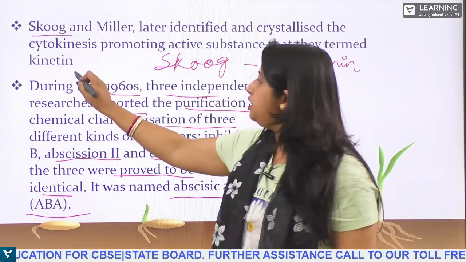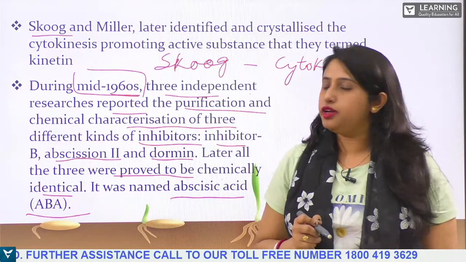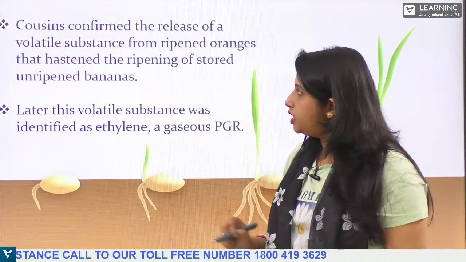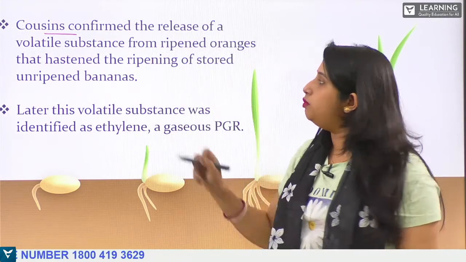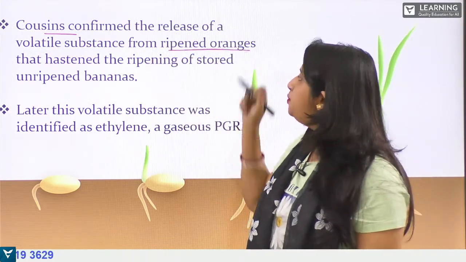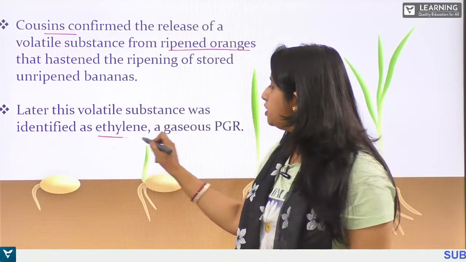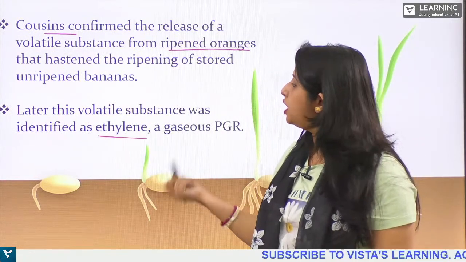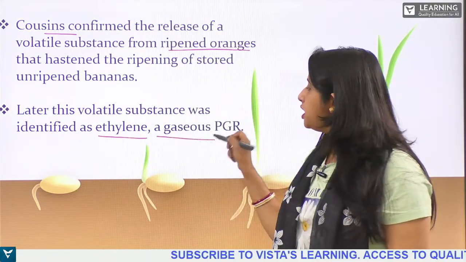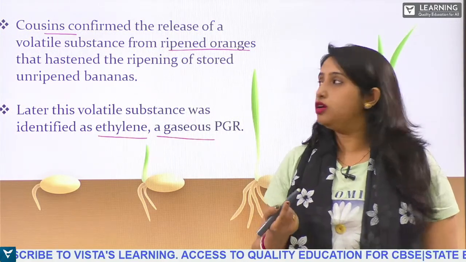Next, there were two cousins who confirmed that ripening occurs because of ethylene. So ethylene is a gaseous plant growth regulator that helps in the ripening of fruits.